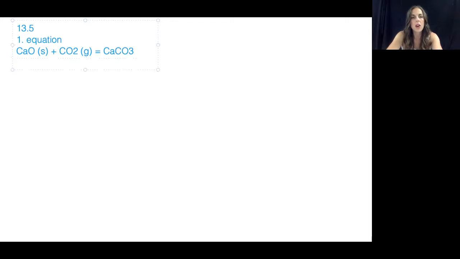All right, so now I'm just going to use my equation. So change in enthalpy standard, should be a degree symbol there, is going to equal the sum of the energies of the products minus the sum of the energies of the reactants. So let's start with our product, which is CaCO3.